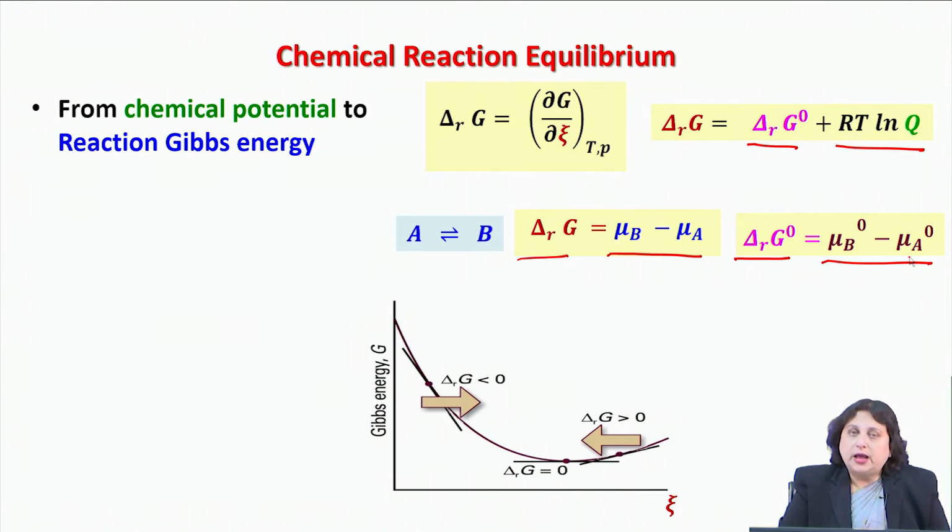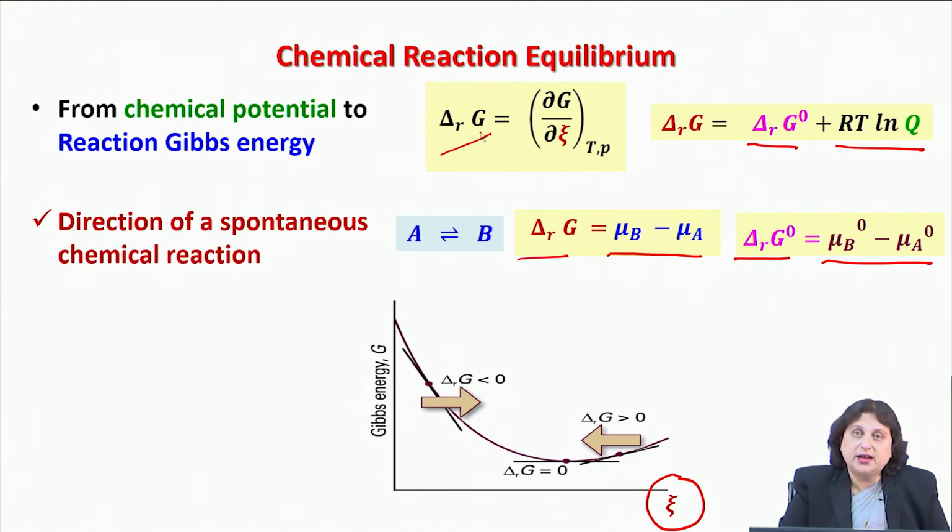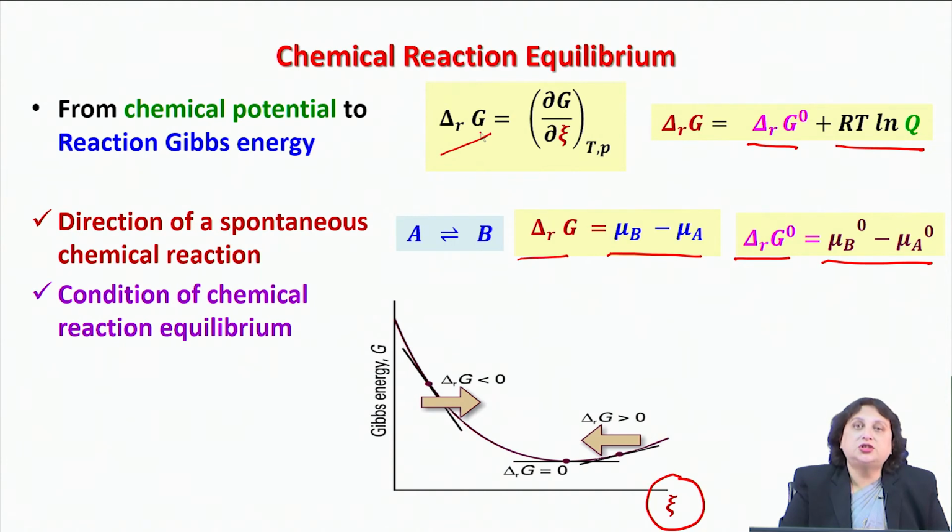Now I could say that if I know the Gibbs free energy as a function of the extent of chemical reaction xi, then I will have some idea about the slope delta Rg, and I can connect its value, or at least its sign, with the direction of spontaneous chemical reaction as well as the condition of chemical reaction equilibrium.